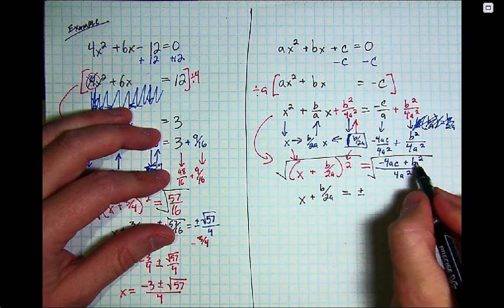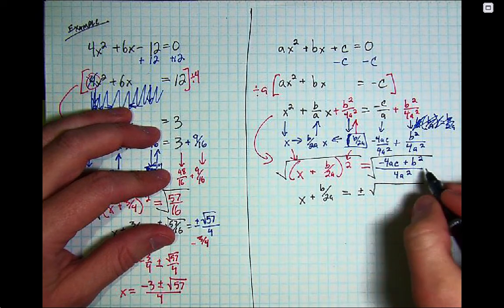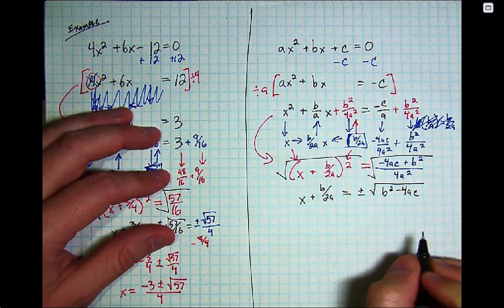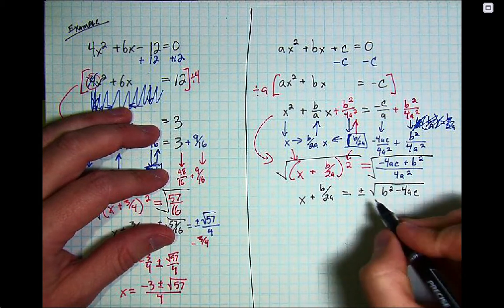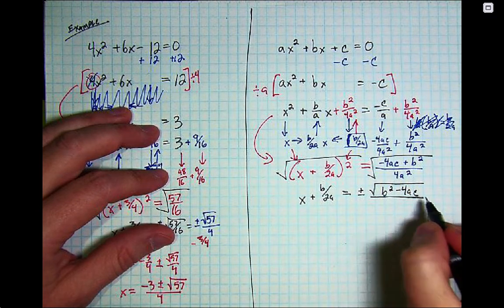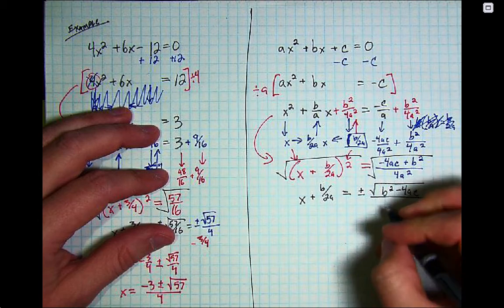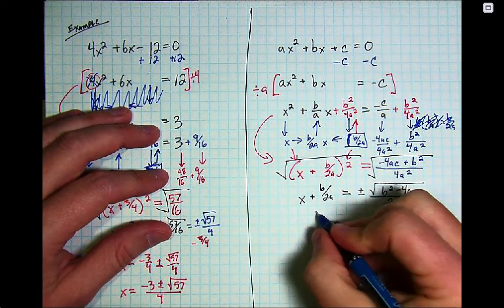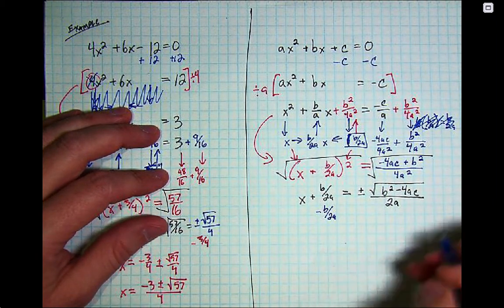The top cannot be square rooted, but I am going to rewrite the top as b squared minus 4ac because that just feels better to me to have the positive and then minus that part. And then I can unsquare the bottom. What's the square root of 4a squared? 2a. That might be helpful when I do this step to get x by itself.